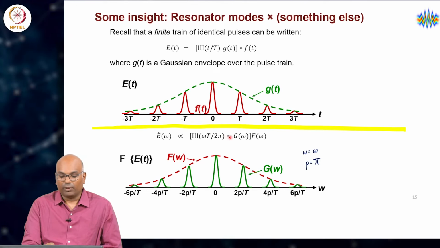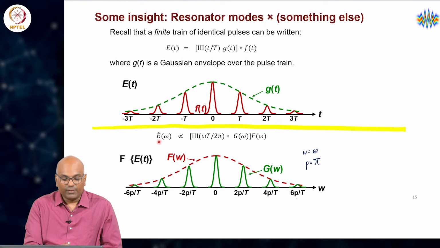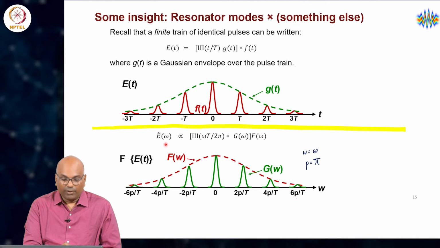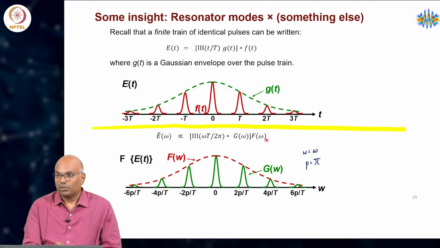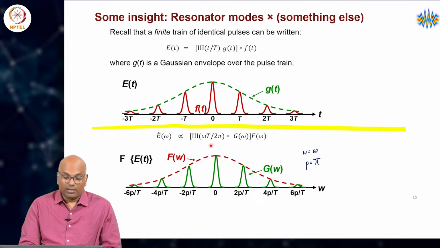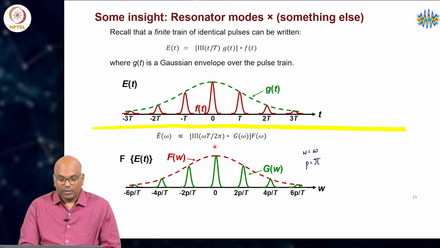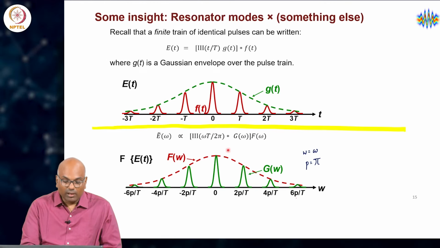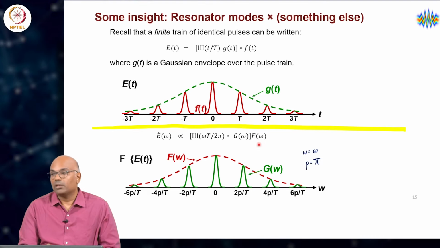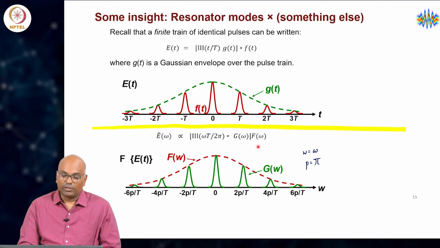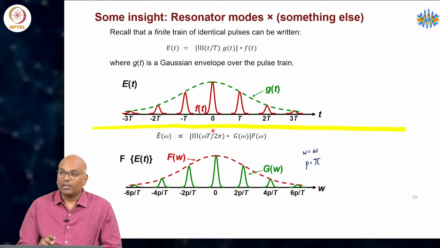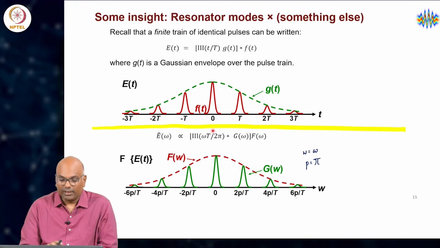Now if the spectrum of the electric field transmitted from the Fabry-Perot interferometer to outside has this form, it essentially describes the modes that live inside this resonator. Therefore, this is the form of the electric field inside the resonator in the spectral domain.